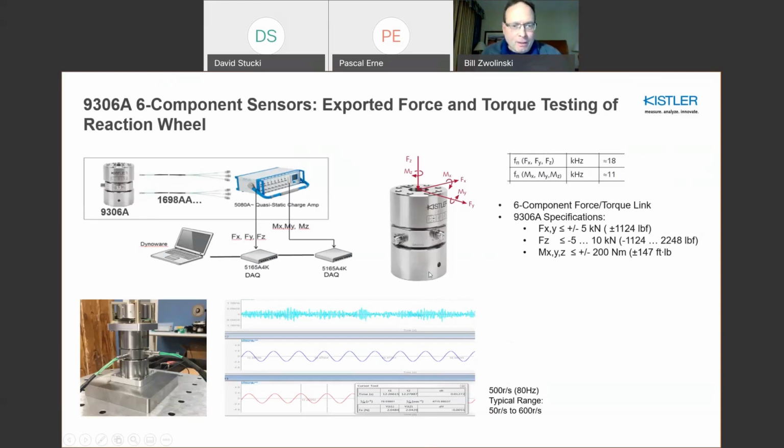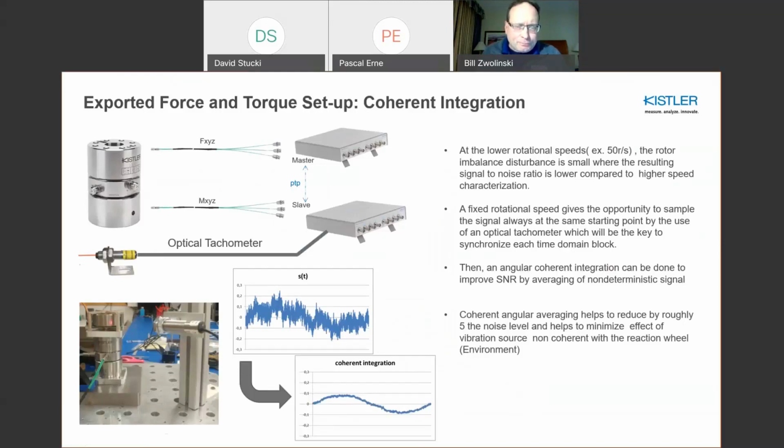We had one example from one installation where a customer was looking at ways of improving signal-to-noise ratio at the lowest rotational speeds. And the concept was evaluated with an optical tachometer, where you would coherently integrate the signals as a function of the angle of the wheel itself. So this basically gives you an improvement in signal-to-noise ratio.